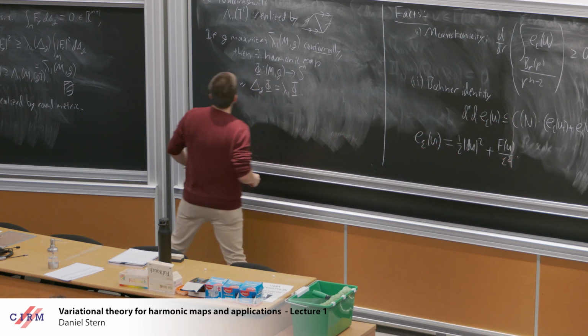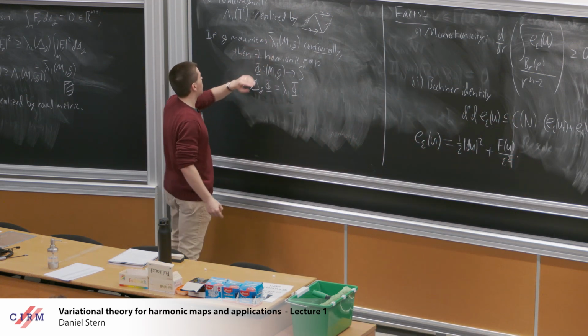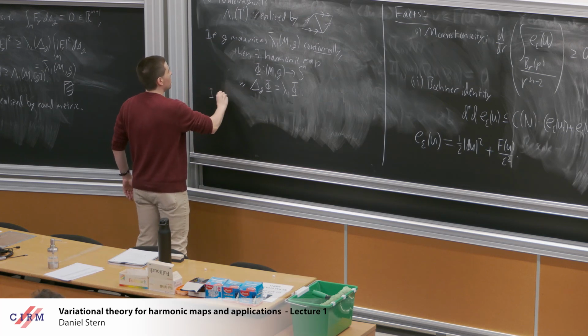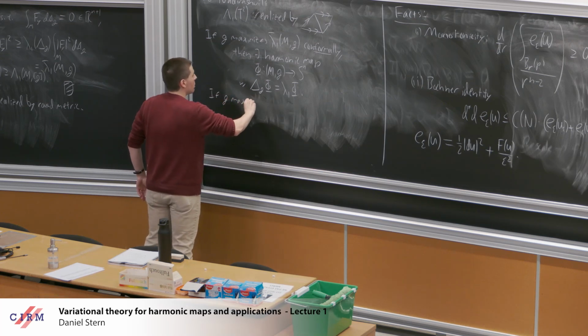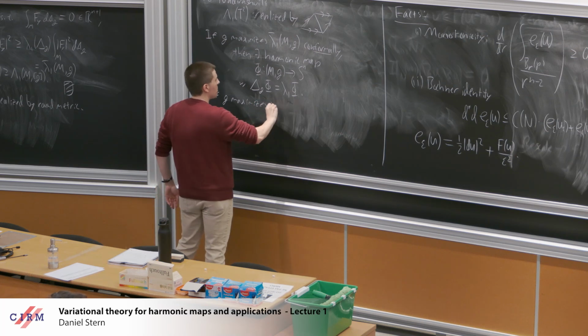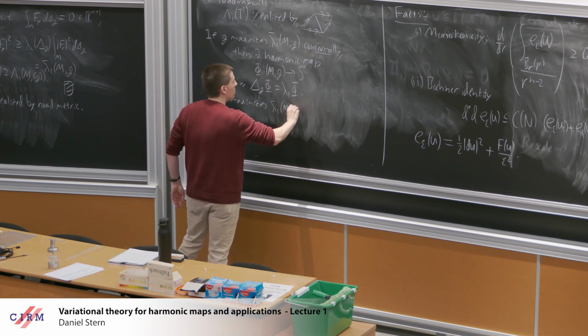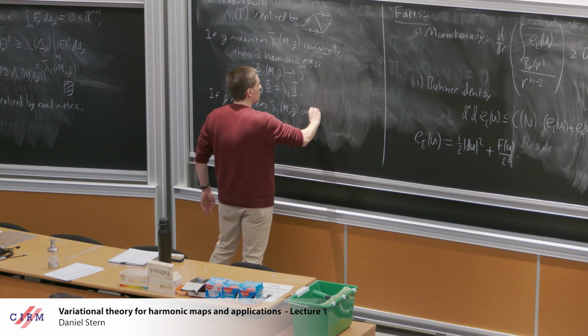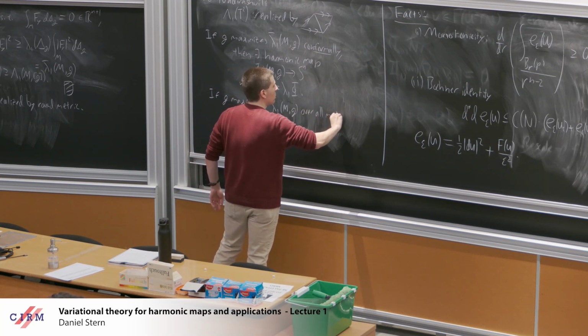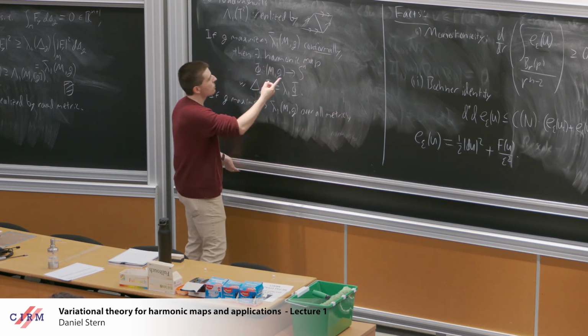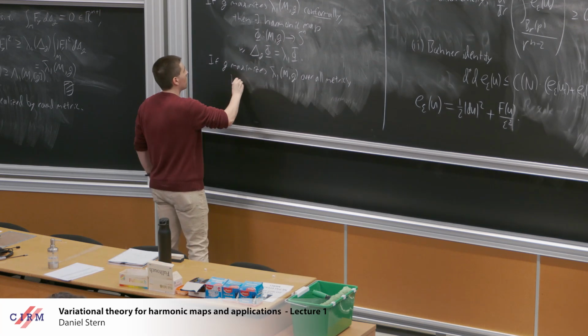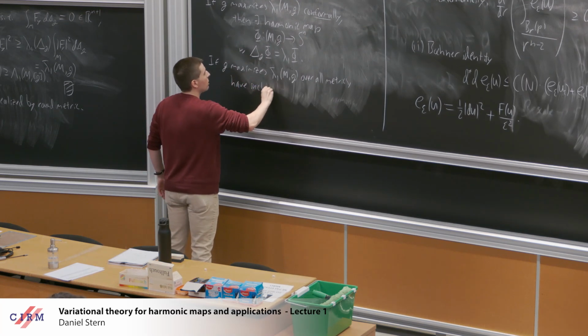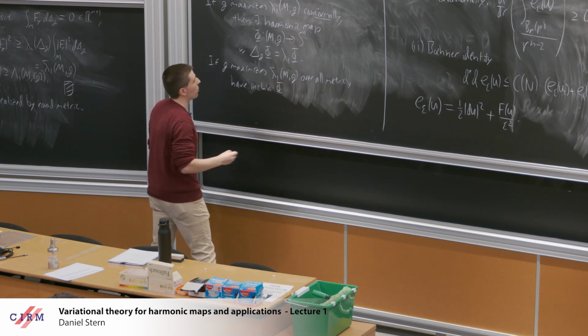And we can do a little better: if instead of just maximizing in the conformal class, we maximize globally, so if it maximizes this lambda 1 bar over all metrics, then you have such a map which is also conformal.